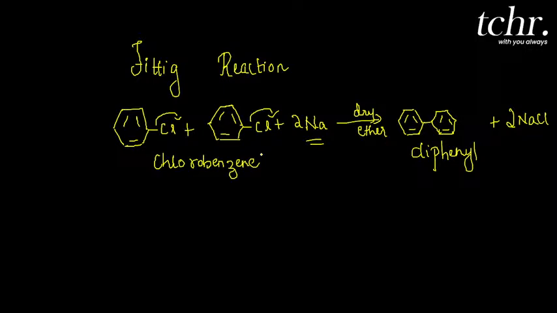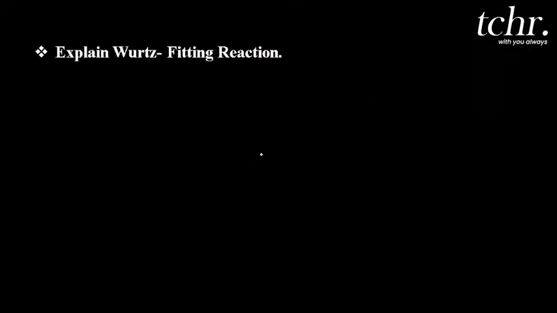Here also, students, you do the explanation, what reactant, what catalyst, and what product you are getting, and write the particular equation as I've displayed here. Write an equation like this, mention the reactant and product names, and that ends up being the Fittig reaction.